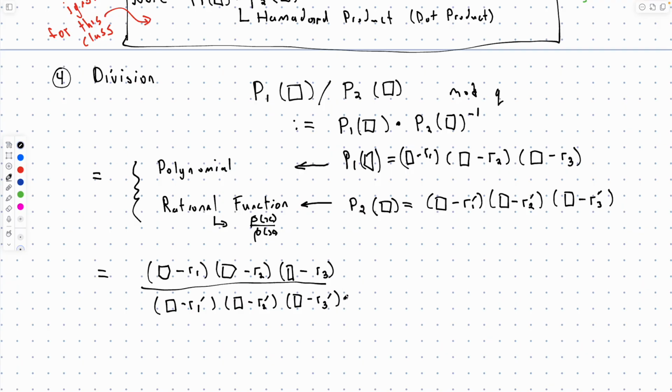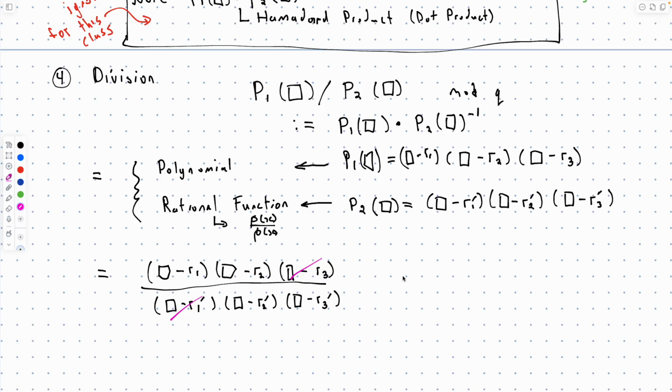When will these two evenly divide? When will we have an even division between these two? If we have an even division, what it means is that these are going to have to cancel out, right? So, for example, say this term cancels out with this term, that kind of thing, okay? Let's say that this term cancels out with this term. That means the root is the same. So R3 equals root over -1, okay?